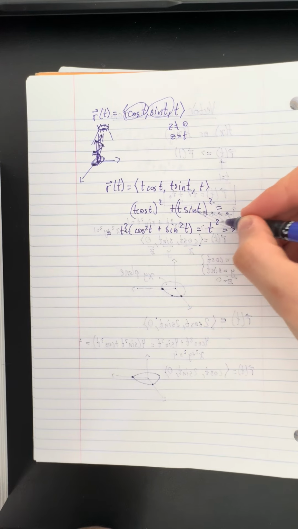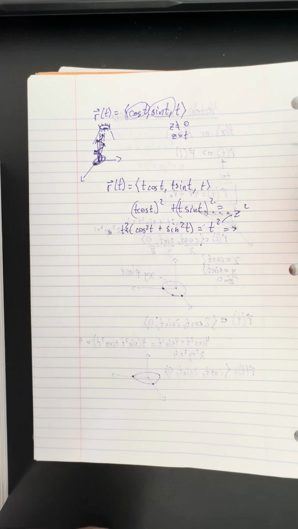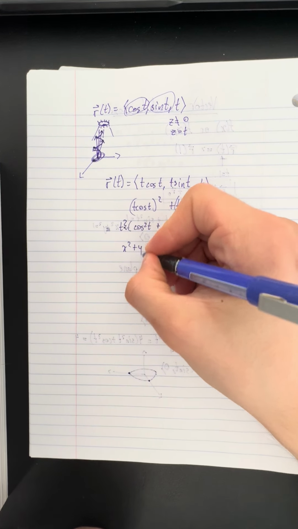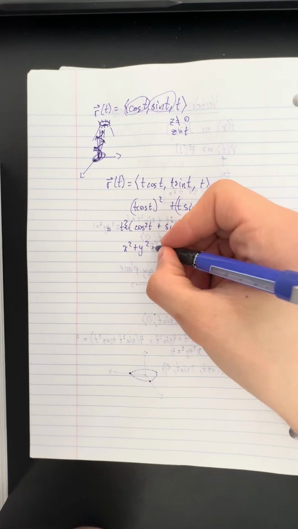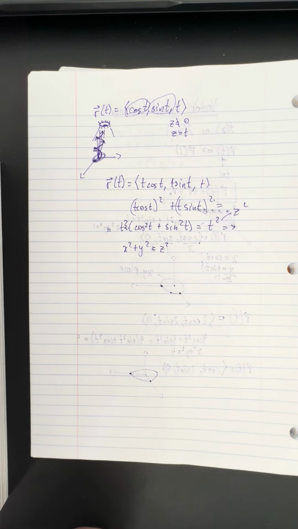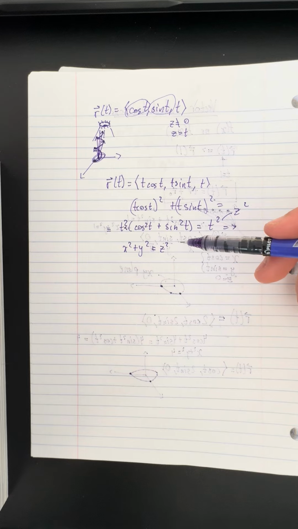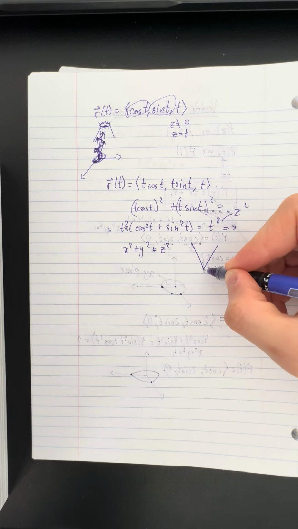So t squared is just z squared, right? So you could rewrite this as x squared plus y squared equals z squared. This is something we've seen before. This is just a cone.